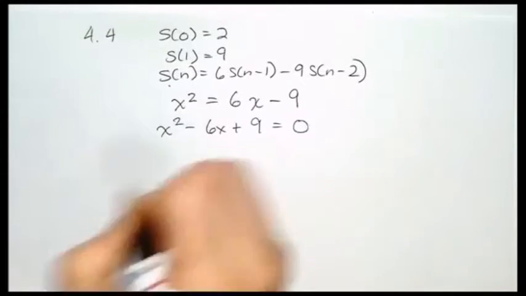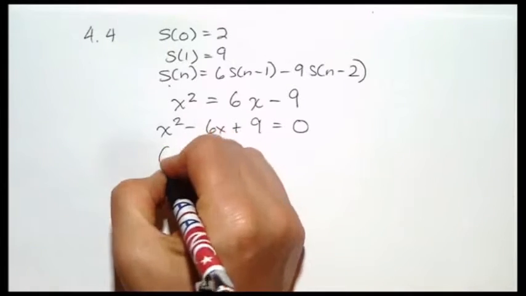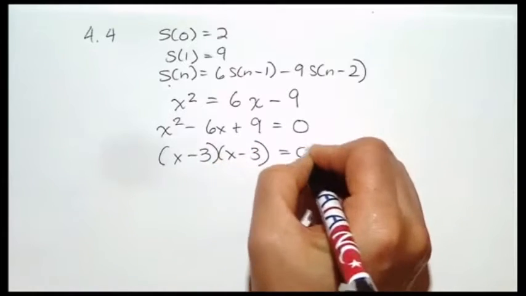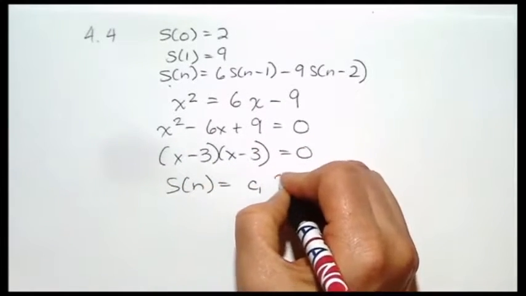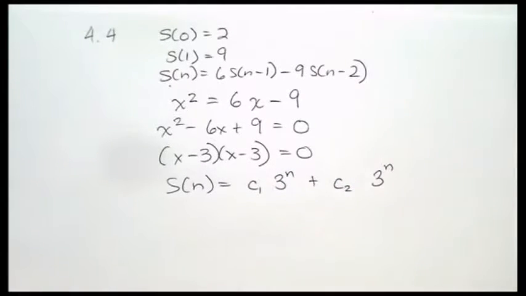I set it equal to 0 by moving everything to one side. And then I can probably factor this with 3's. Now the trouble with this is my formula that I memorized, which is once I have two roots, I multiply the first one by a constant and I multiply the second one by a constant.